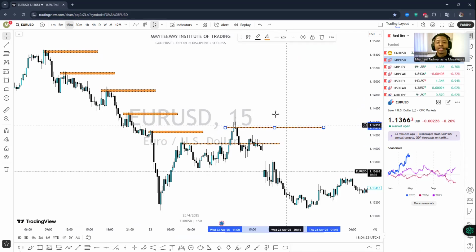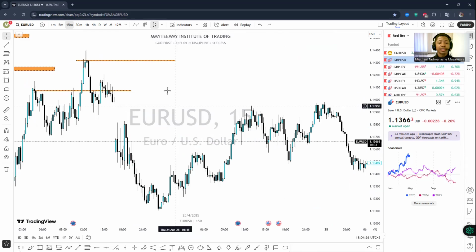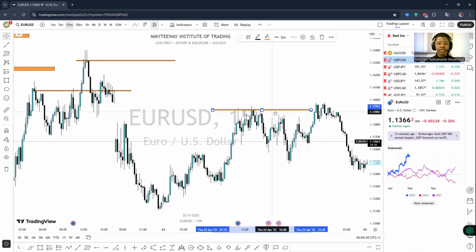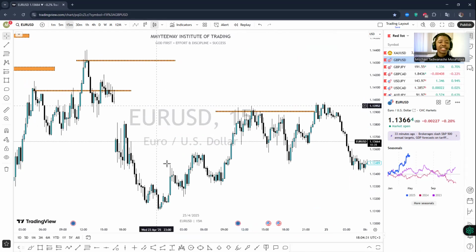And just like that, this is how simple it is. When you get used to the market, you see how simple it is. So let's say there was a break of structure somewhere around here and we started moving upward.